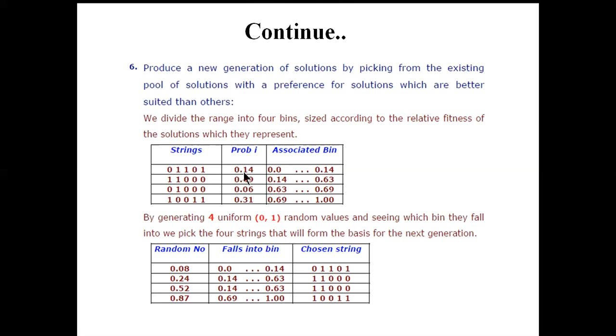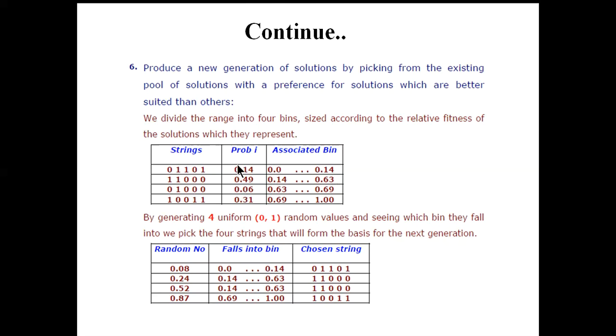These probabilities are calculated from the earlier table. Now we provide a range between 0 and 1. As the first probability is 0.14, the first bin is set from 0 to 0.14.